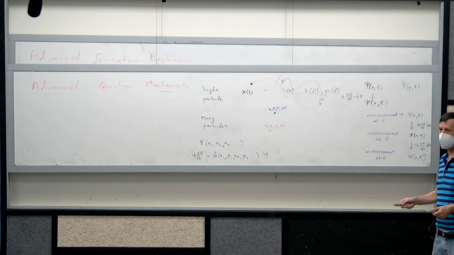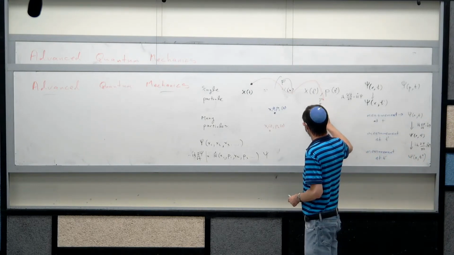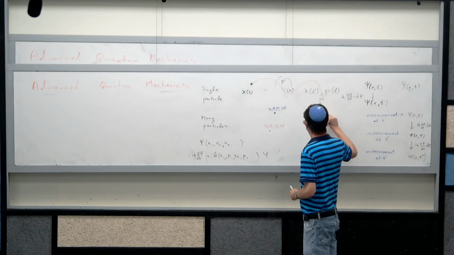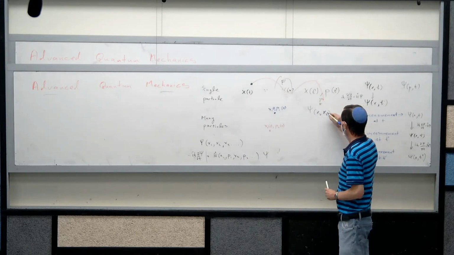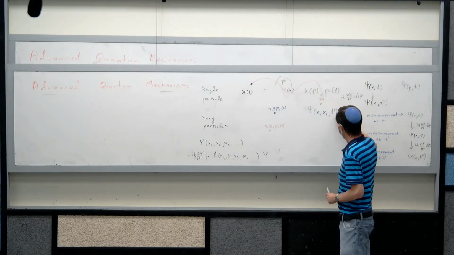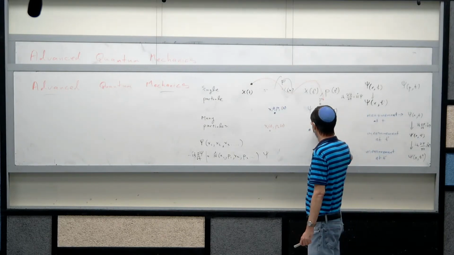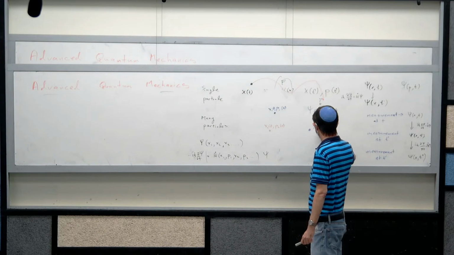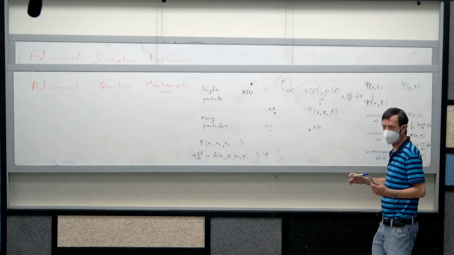And now I ask, what is the wave function, at time t prime, what is the probability to measure x1? Well, if I perform a measurement, I only know one of them, so it's x1 t.